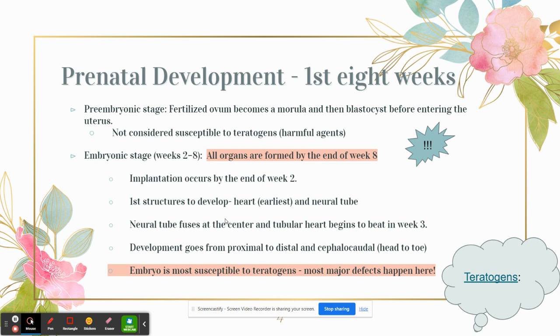So the neural tube is that structure that will house the brain and the spinal cord. If it fails to close, we have a neural tube defect, like spina bifida, which you will learn more about in pediatrics. So the tubular heart is the next structure, begins to beat in week 3.